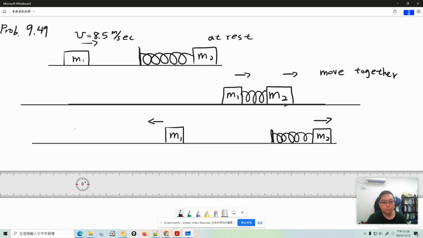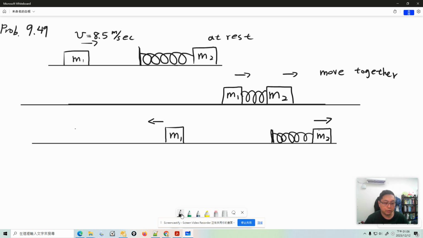After a certain period of time, because the spring is compressed after the collision, the spring will stretch back to its relaxed state, and these two cars rebound.